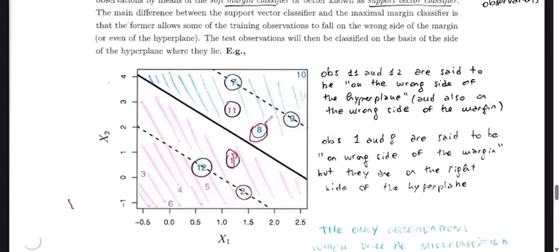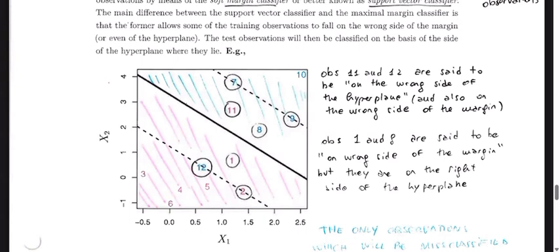They are said to be on the wrong side of the margin, but they are on the right side of the upper plane. Take a look at the upper plane. They are on the right side of the upper plane, but on the wrong side of the margin. So that is the interpretation that I'm going to give to that.